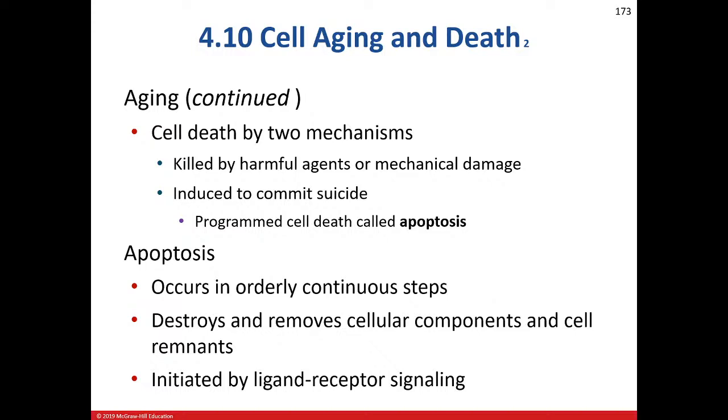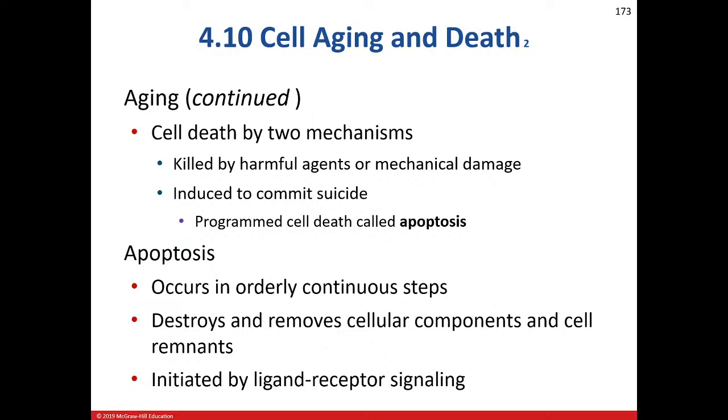All right, so cell death occurs by two mechanisms. Your cells can be killed by harmful agents or mechanical damage, or they can be induced to commit suicide. And programmed cell death is called apoptosis. Now this word, you're going to see it a lot. The first P is pronounced, the second P is silent, like in the beginning of pterodactyl, right?